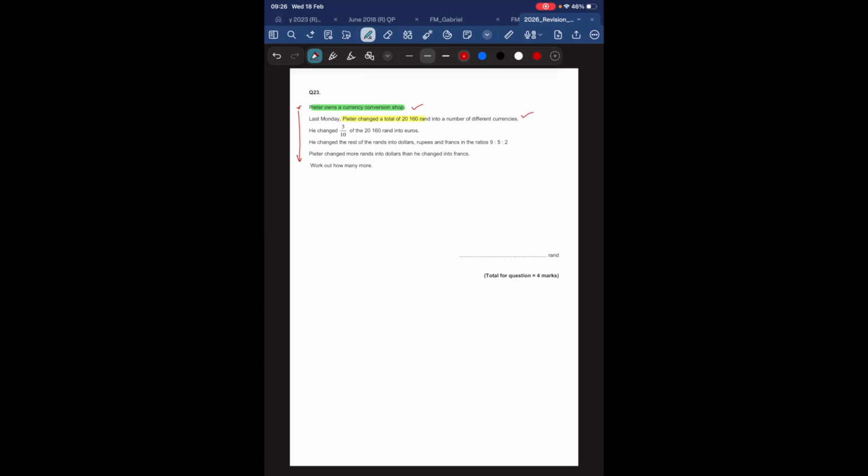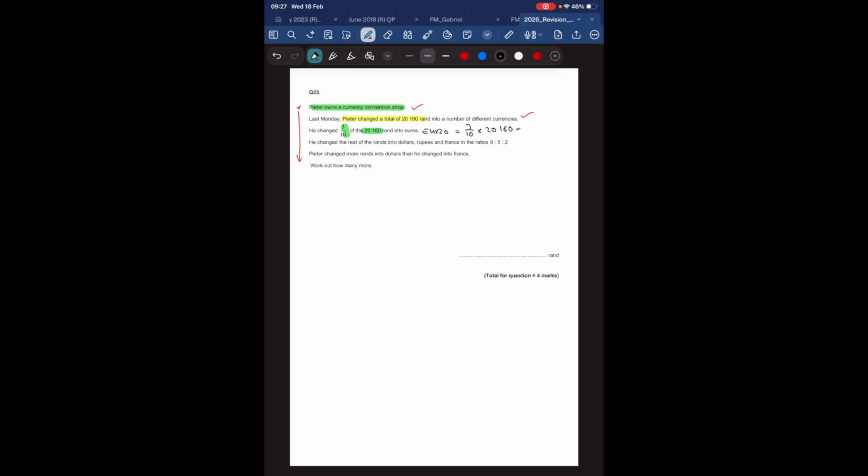If we look at the next line, we're told that he changed 3/10 of the 20,160 Rand into euros. Well, we can work out the number of euros immediately. So the number of euros, we're going to do the working here, is just going to be 3 over 10 times 20,160.